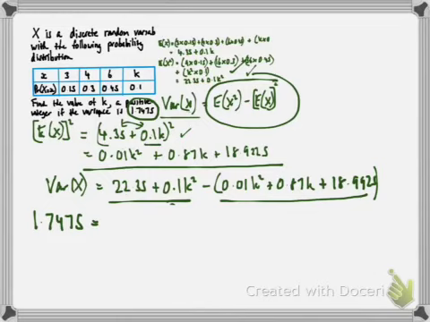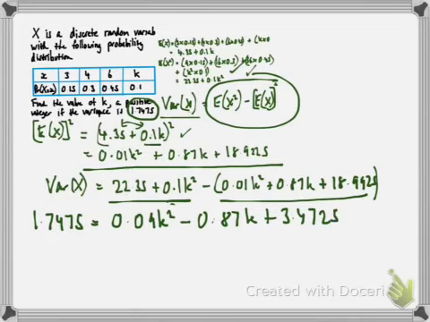Which is going to be 0.09k squared minus 0.87k plus, sorry, that should be 3.4275.